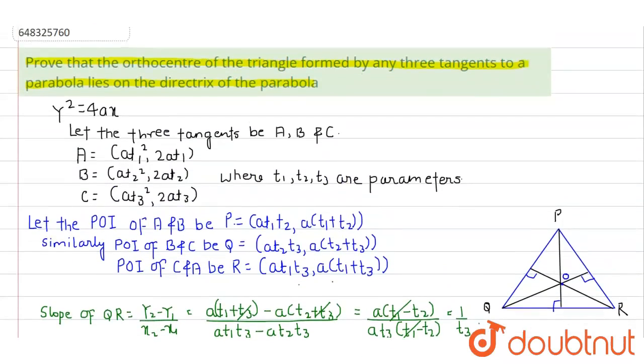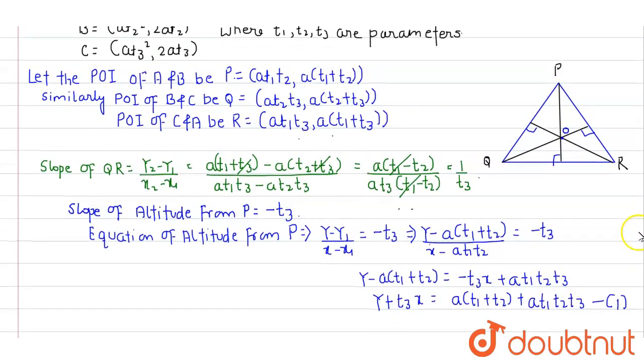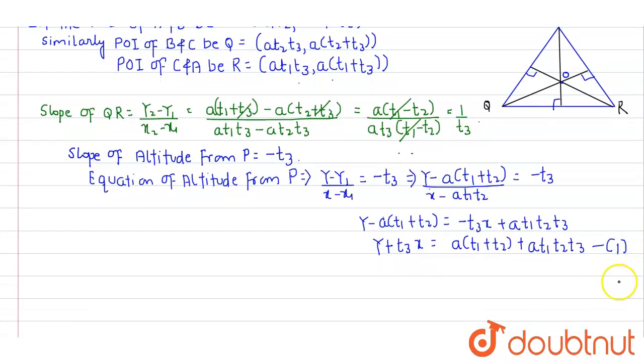Okay, now what we'll get? Similarly, if you want to find the altitude from Q, the slope of the altitude from Q will be perpendicular to PR. So if we try to find the slope of PR, similarly, I'm not going to do that rigorous calculation.